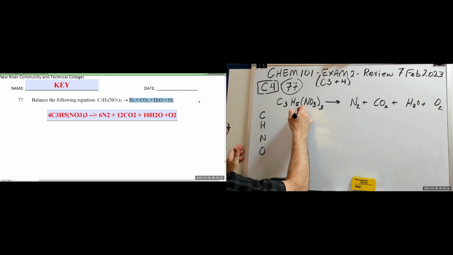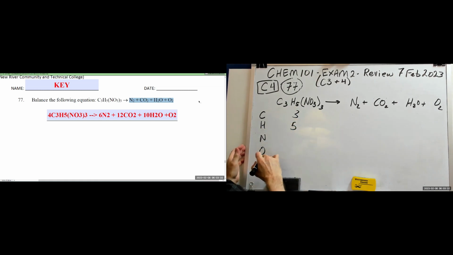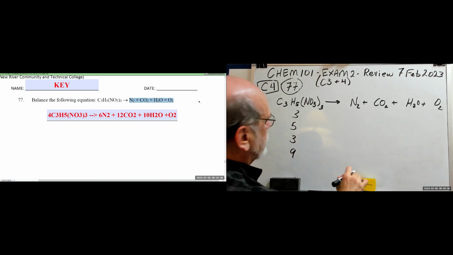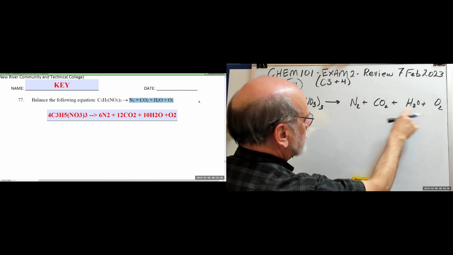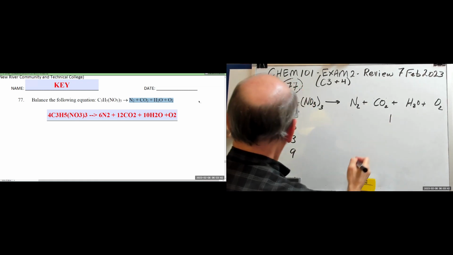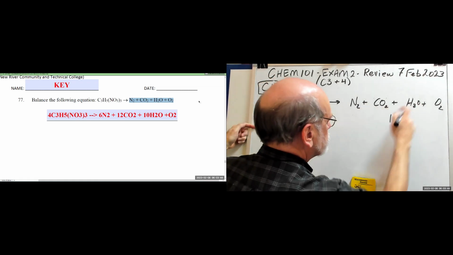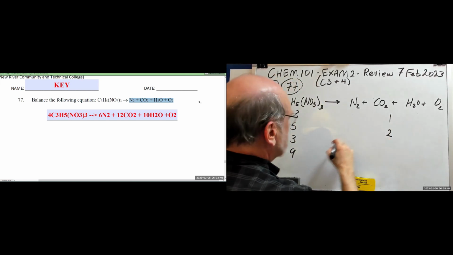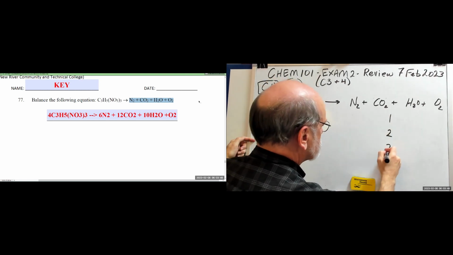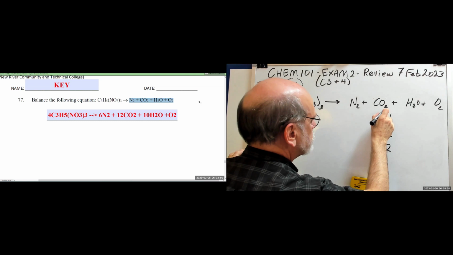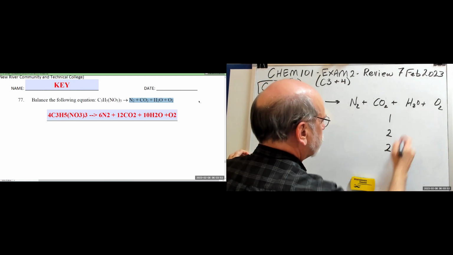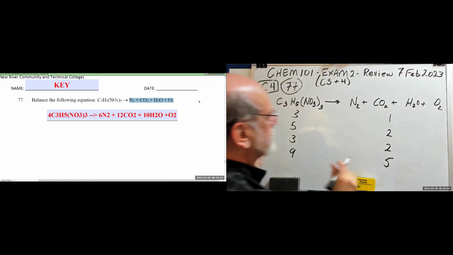So on this side, we have 3 carbons, we have 5 hydrogens, we have 3 nitrogens, and we have 9 oxygens. On this side, we have 1 carbon, we have 2 hydrogens, we have 2 nitrogens, and we have 2, 3, 4, 5 oxygens.